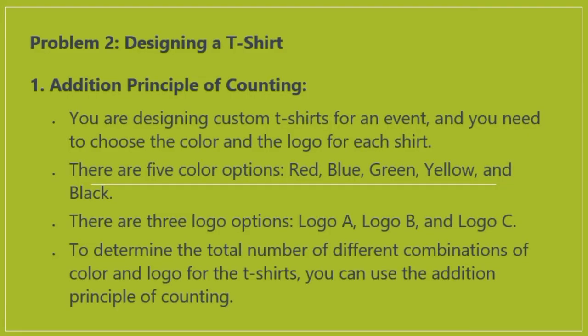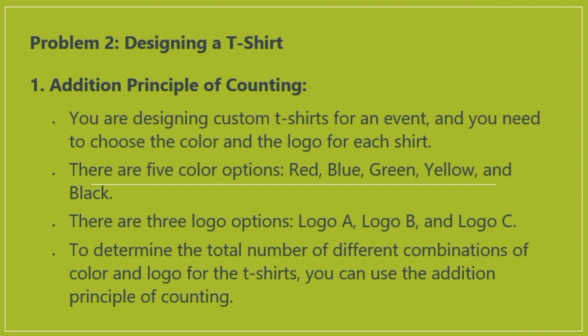This is problem 2, designing a t-shirt, in the addition principle of counting. You are designing custom t-shirts for an event and you need to choose the color and the logo for each t-shirt. There are five color options: red, blue, green, yellow, and black.